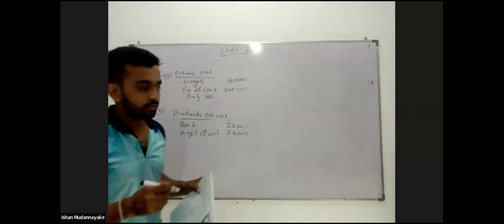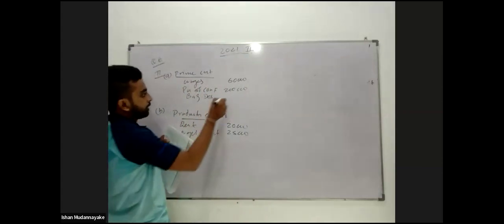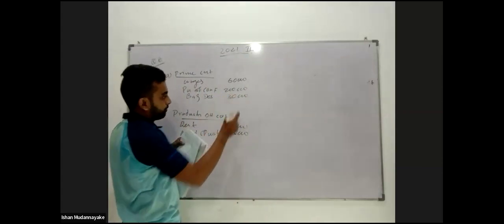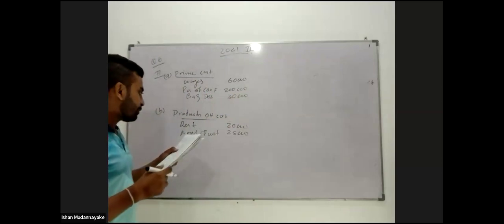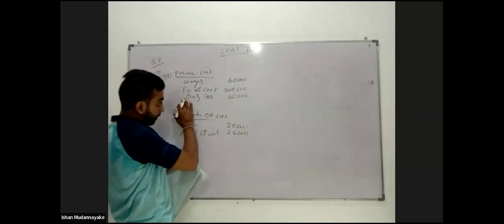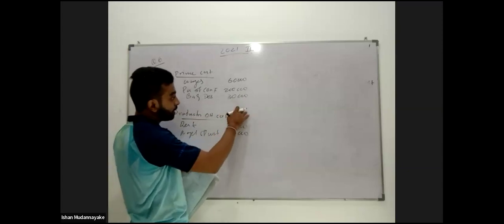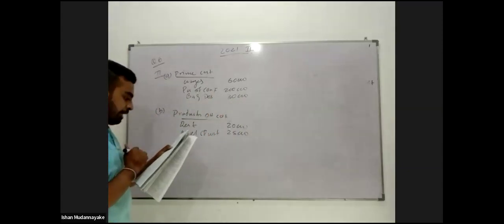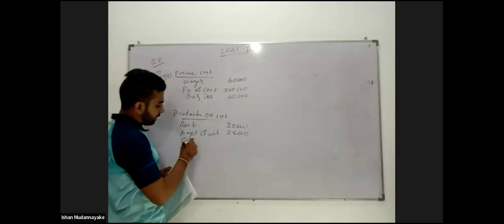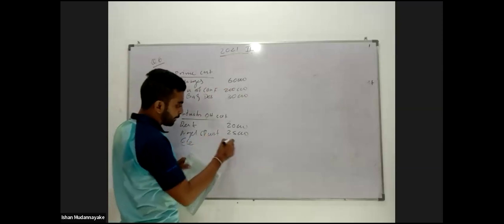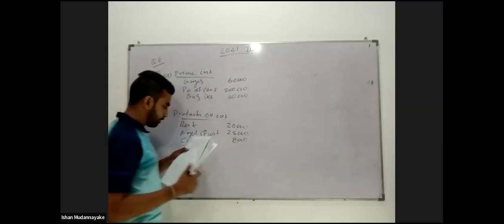Bag design expense 30,000, direct other. And then electricity expense, indirect other, 8,000.